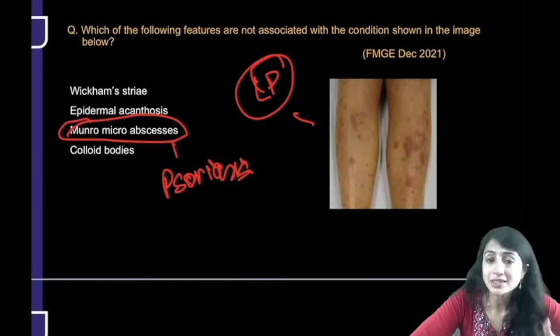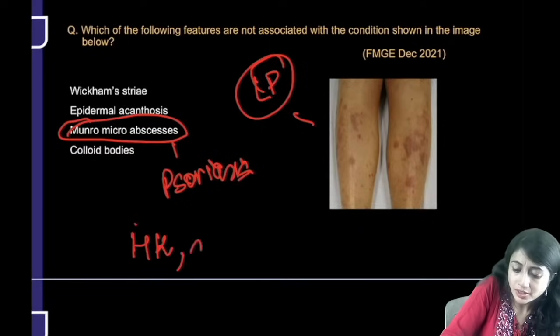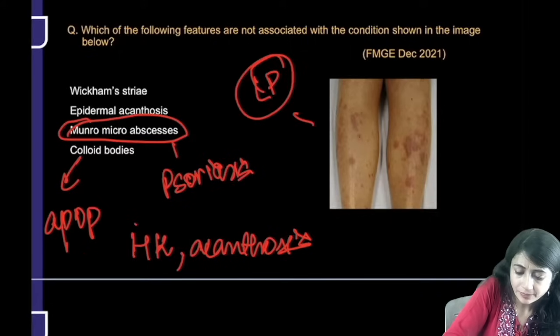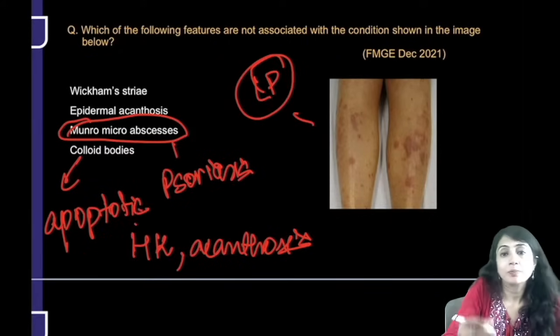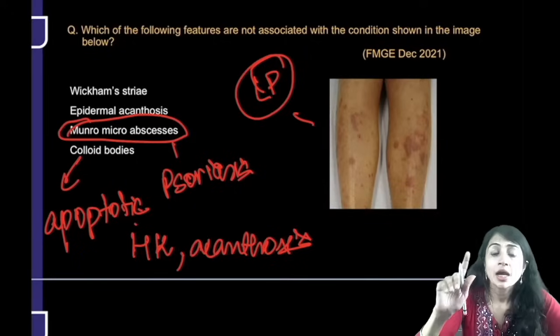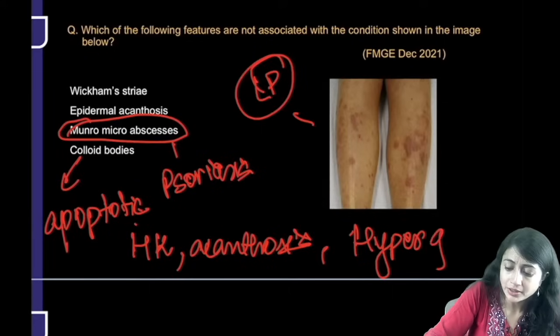So in lichen planus, the characteristic histopath features are hyperkeratosis, acanthosis, and colloid bodies or apoptotic bodies. These are apoptotic keratinocytes which we see, called colloid bodies. Another important feature of lichen planus is hypergranulosis.